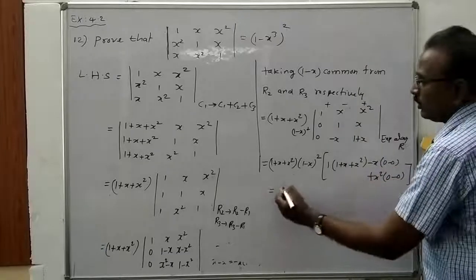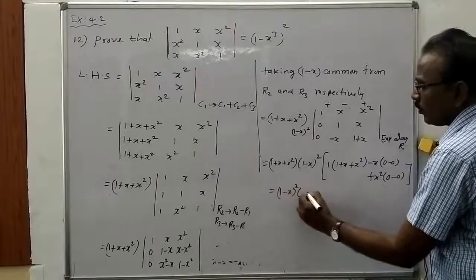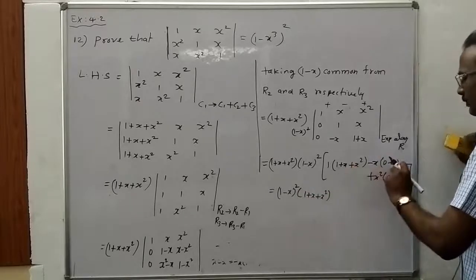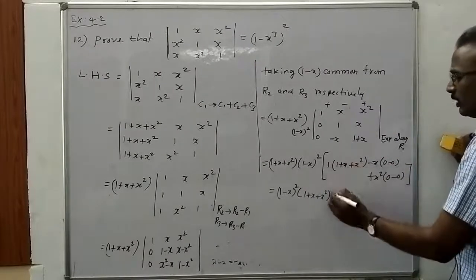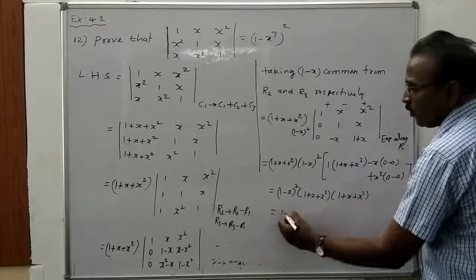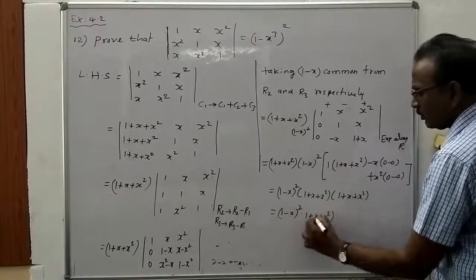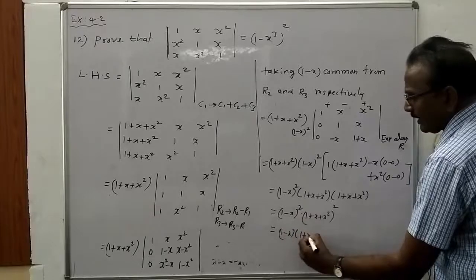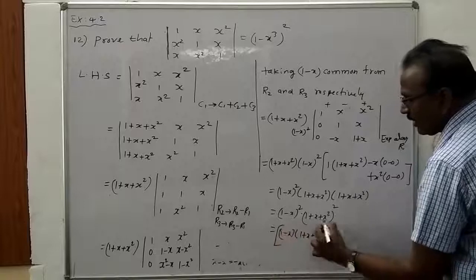So that is (1 minus x) whole square into (1 plus x square) into, so this becomes 0 and x square into 0 is 0, so 1 into (1 plus x square) is 1 plus x square, so that is (1 minus x) whole square into (1 plus x square) whole square, so that is ((1 minus x) into (1 plus x square)) whole square by laws of exponents.